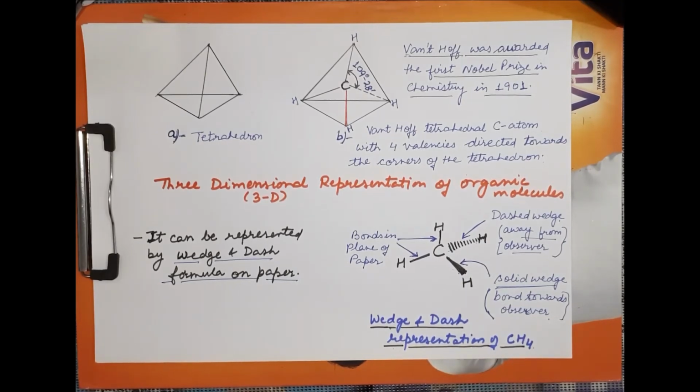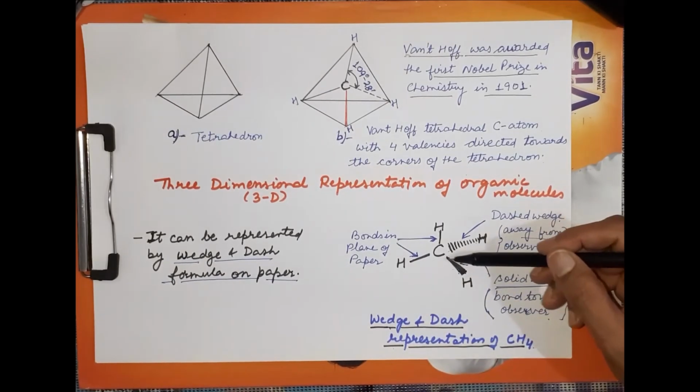In this way, representing an organic molecule is done by using certain conventions. Here we use the solid wedge bond and the dashed wedge. Let us understand what these are. The thick solid line, which we also call the solid wedge, indicates a bond lying above the plane of paper.